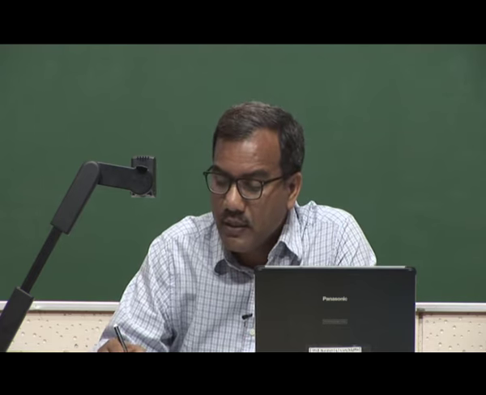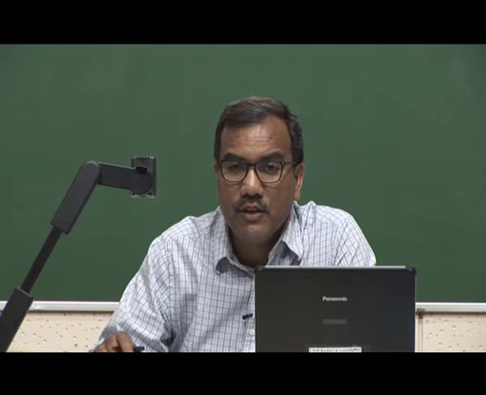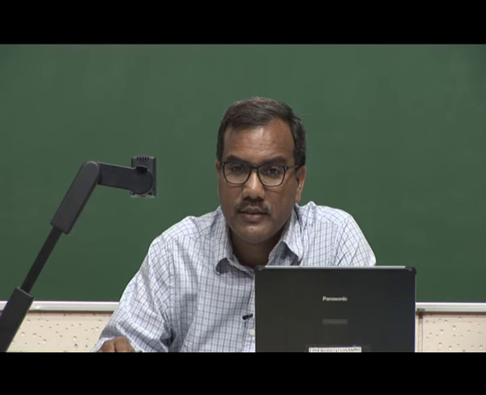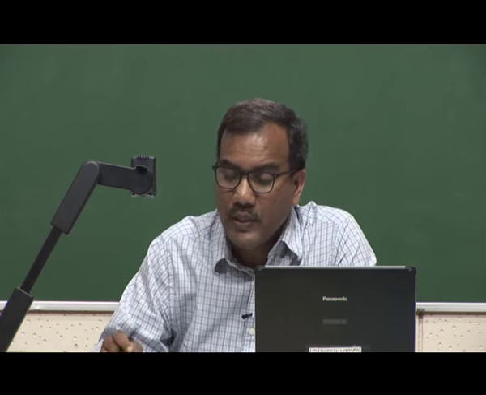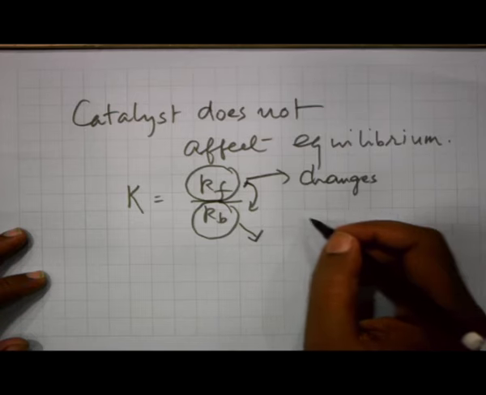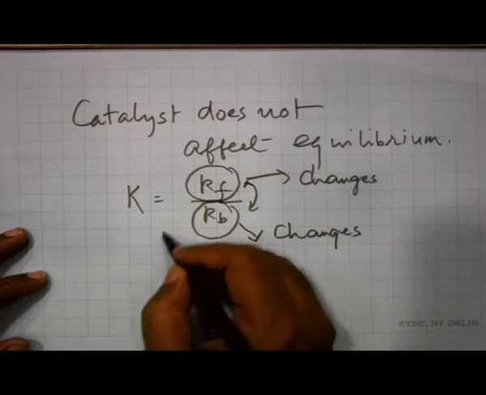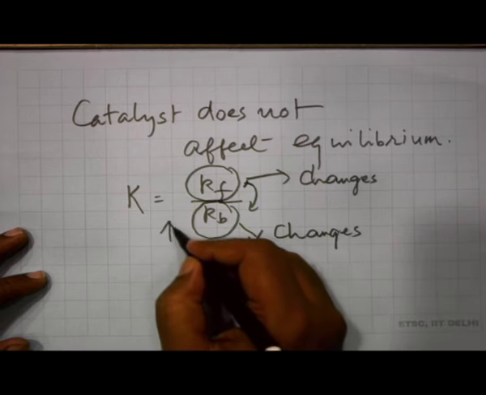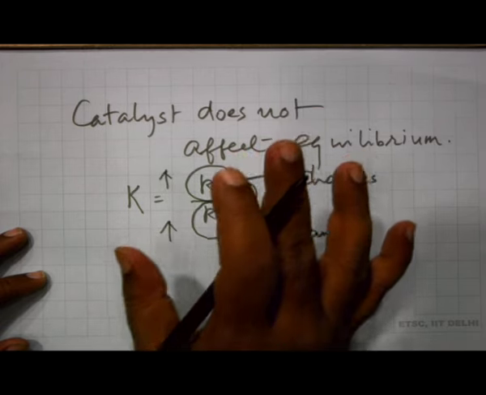but catalyst also decreases activation energy of reverse reaction, and so Kb also increases. So, there is increase in Kb and increase in Kf, but the ratio remains constant.